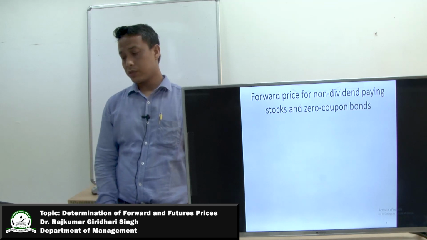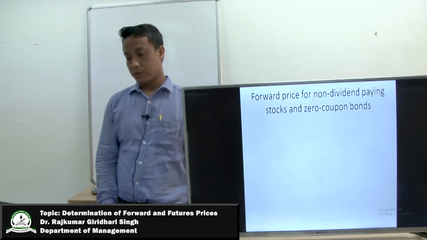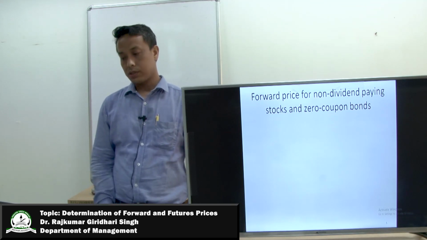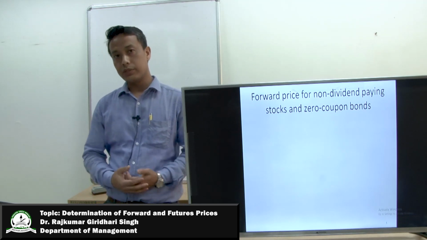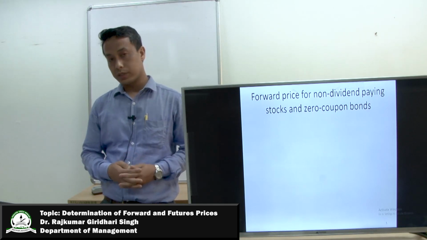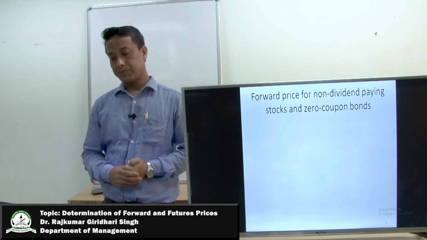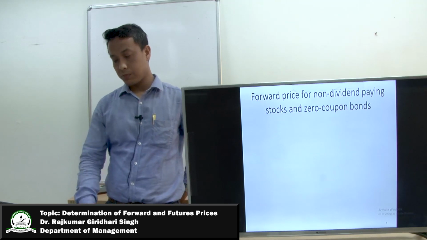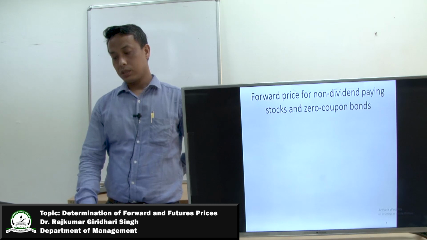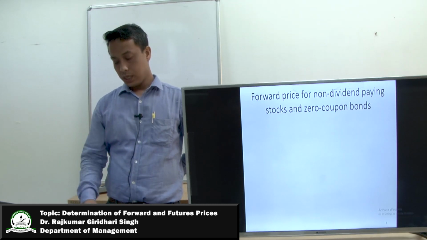So the first thing, let us find out how to determine the forward prices of investment assets. What sort of investment asset? Those assets which give neither a dividend nor a coupon. We can cite many examples, such as company shares which usually do not give a cash dividend.